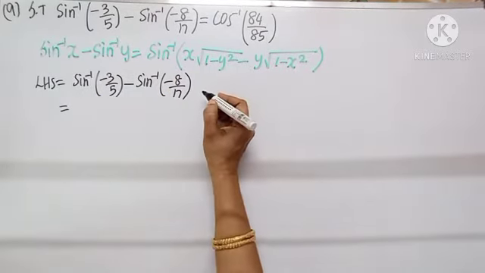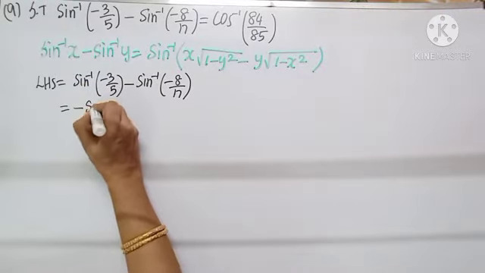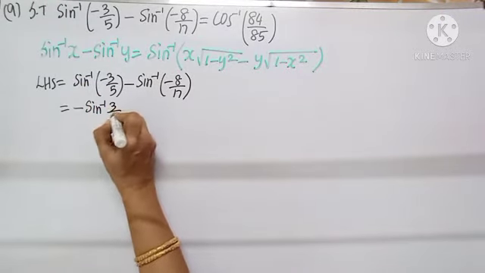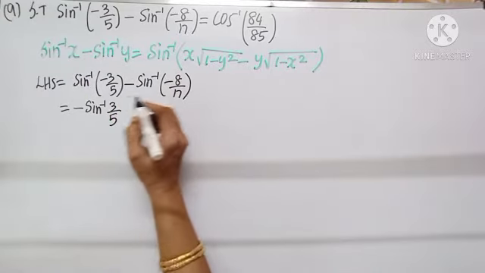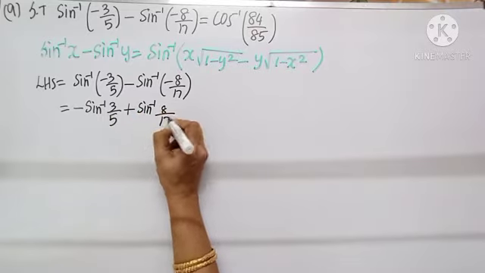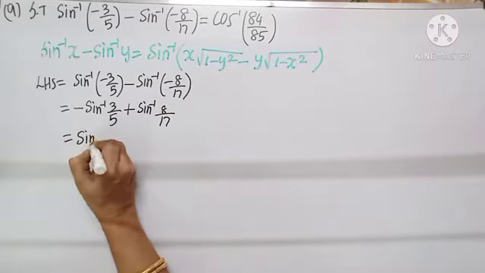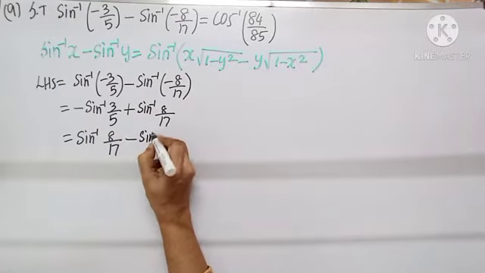I rewrite the problem as minus symbol to the beginning. Remember, in sin inverse, bring minus to the beginning. Already one minus, here one minus, so it is plus sin inverse 8 by 17. Or let me write positive term first, negative term second.